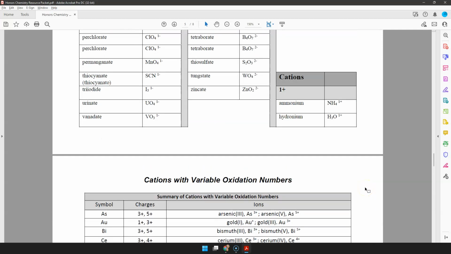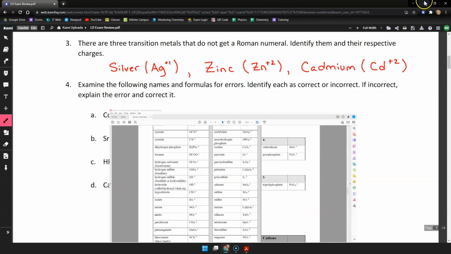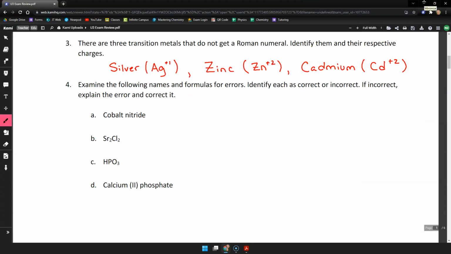So for this one, to make it work, cobalt is a transition metal, has multiple oxidation states, and needs a Roman numeral in the name.